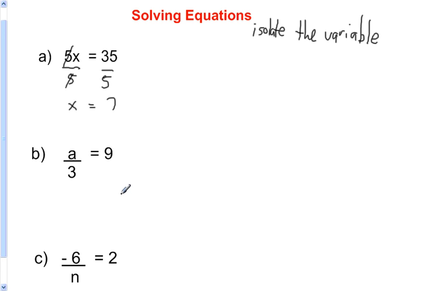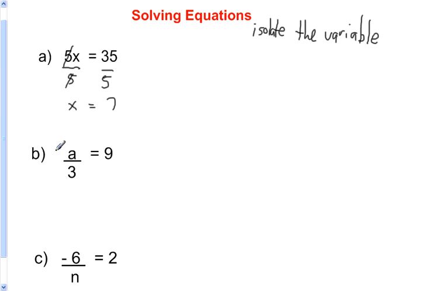Well, what if we have a fraction in an equation? Again, we want to isolate for the variable. In this case, the variable is a. Now, if we have fractions, we want to eliminate the fractions. We want to get rid of the fractions. And remember, we can get rid of the fractions by multiplying by the lowest common denominator. Now, since we only have one fraction in this case, the denominator is 3, the lowest common denominator would be 3.